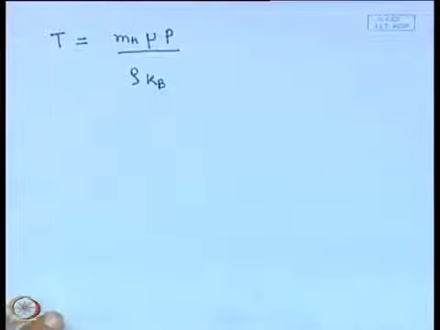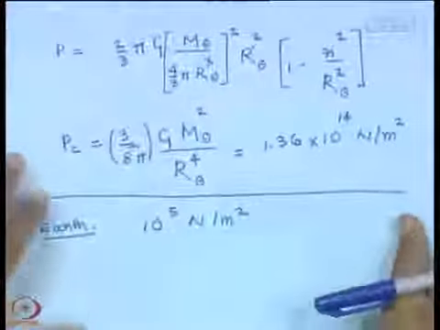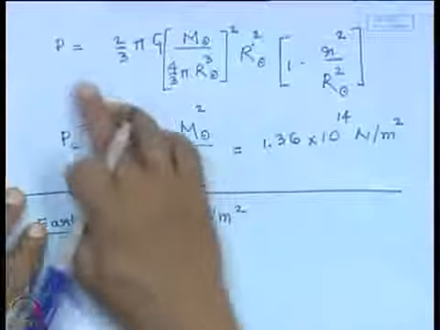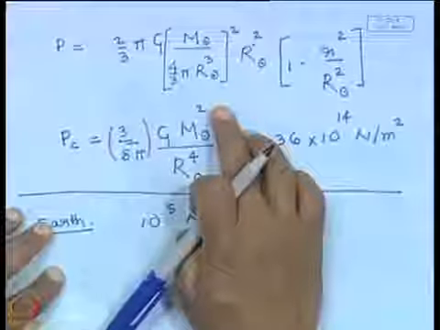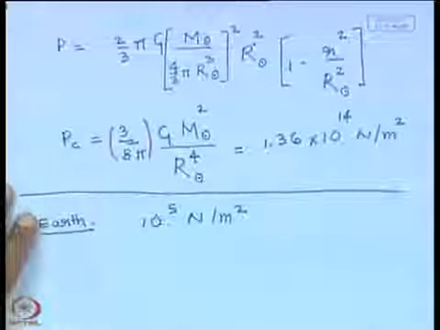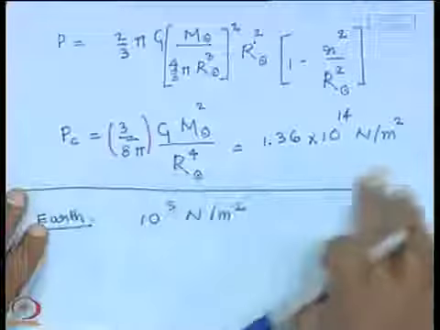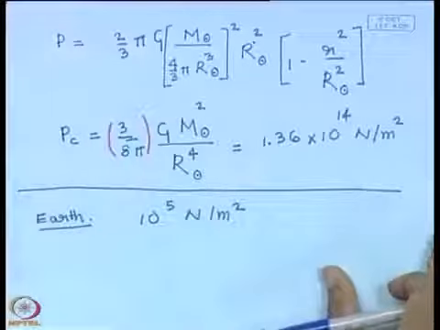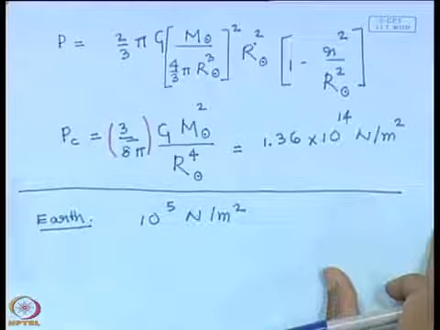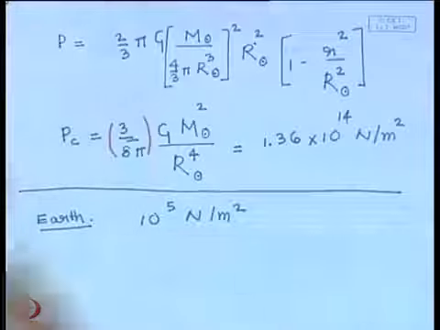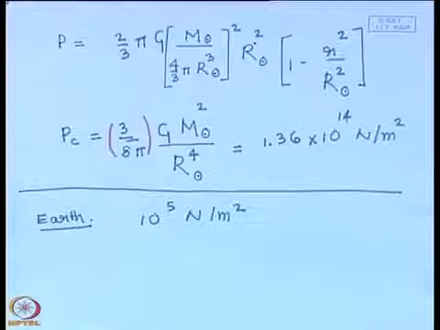This gives the temperature. So we can now use the pressure that you have calculated to calculate the temperature inside the sun, and we can use this to calculate the temperature at the center of the sun. So let us take this and estimate the temperature at the center of the sun.